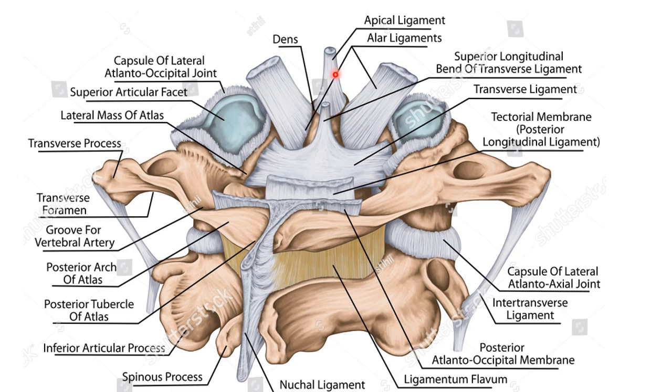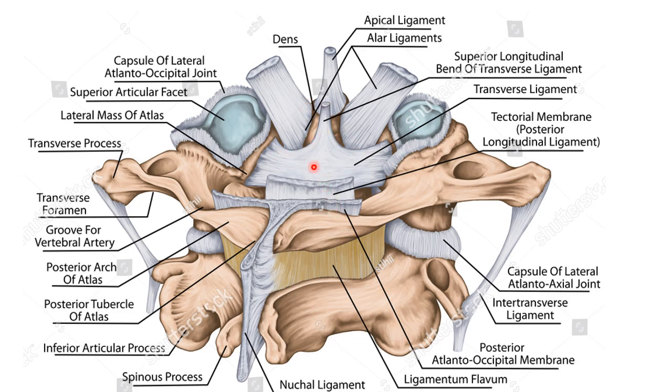So let's start from the apical ligament. You have the apical ligament at the tip of the dens, the bony part, from the apex of the dens. Now the alar ligaments from either side of the dens. So these are the alar ligaments going either side. You can see the cruciform ligament, which contains the transverse ligament and the ascending and descending bands.